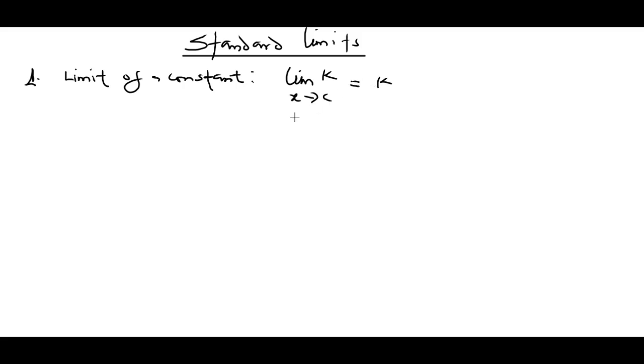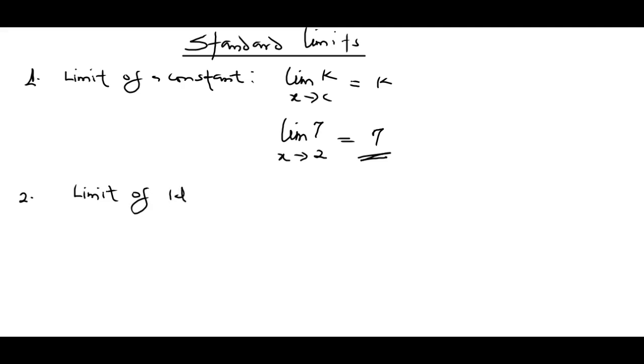That is, the limit of a constant is the constant itself. Example, if I have limit of 7 as x tends to 2, all right, the answer to this is 7. The limit of a constant is the constant itself. Don't forget.